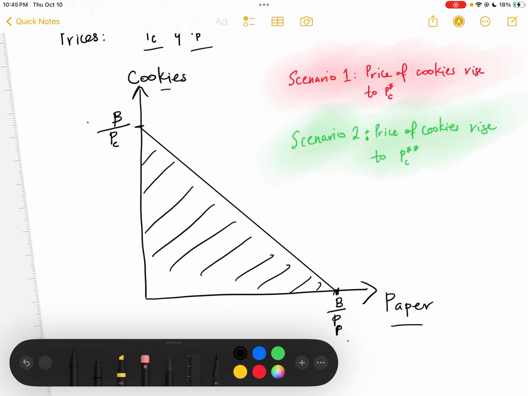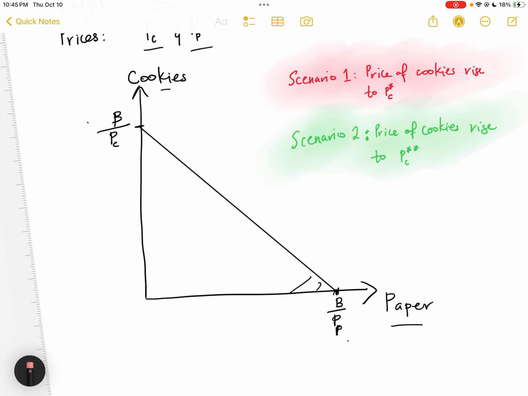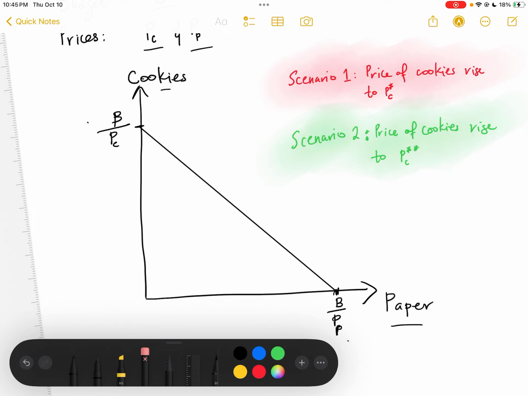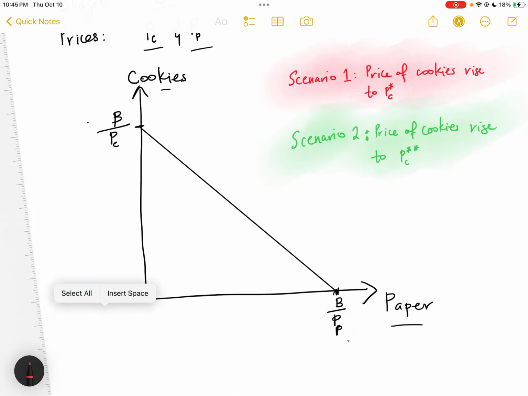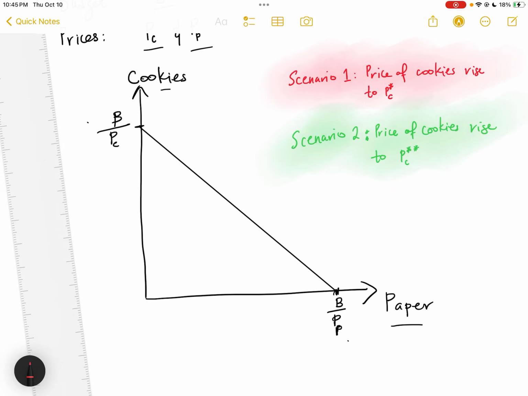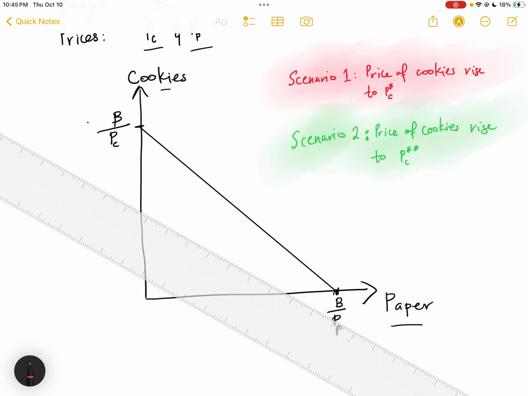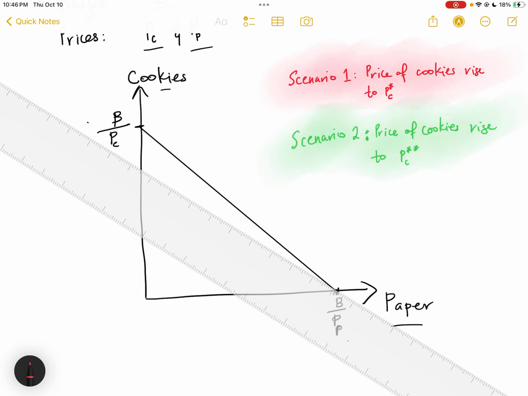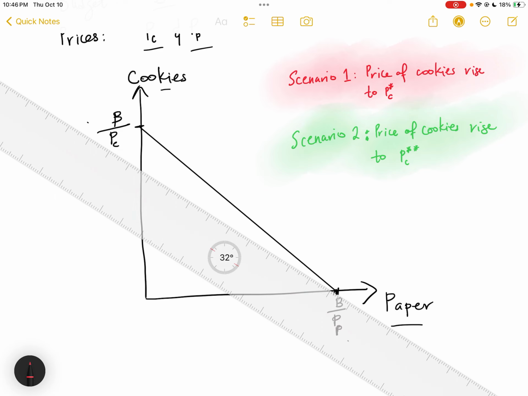So let me get rid of the shade so that we can show the shrink in the budget. And I have my trusty ruler with me, so this is going to go fast. All right. Now, prices of cookies are rising. So this is what that's going to look like when I draw it.